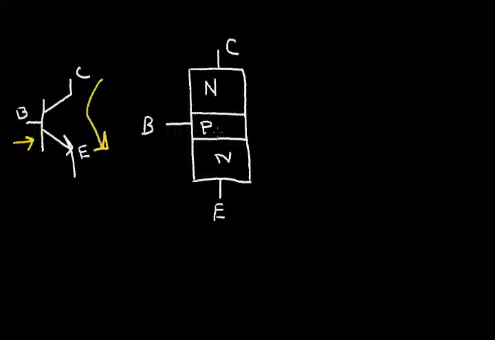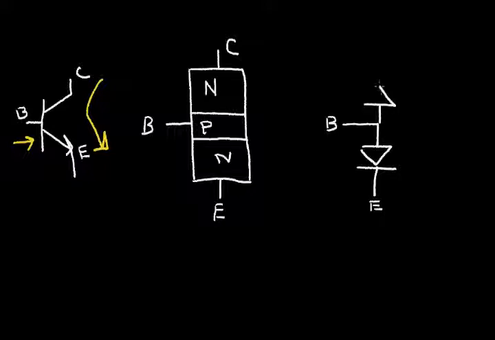So what we have here is two back-to-back diodes. If we draw the diode configuration, we have a base emitter diode. This is the base, this is the emitter. And then we have another diode up here.